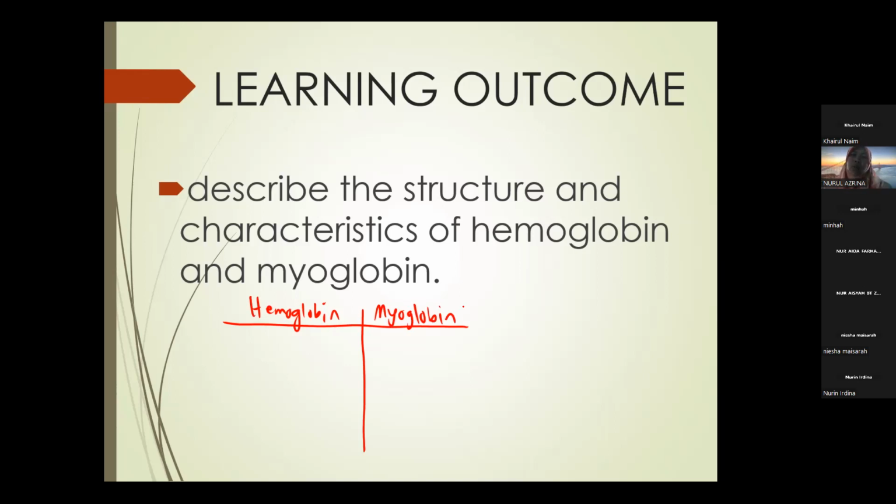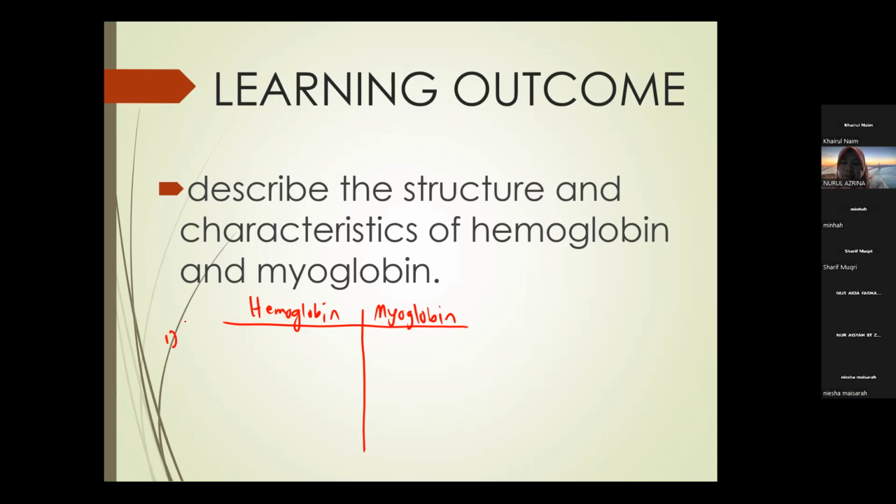What do you understand about the comparison between hemoglobin and myoglobin? Number one, who can share? Maybe this discussion can help those who may not understand. By having this summary, it can help you to understand, insyaAllah. First, who can share?